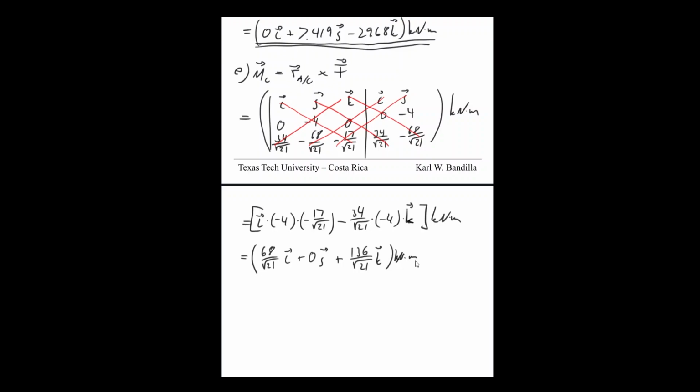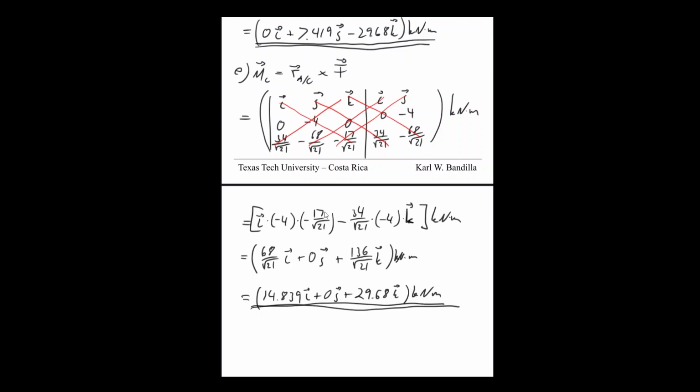Kilonewton times meters. Again, we can express that in decimals: 14.839 I plus 0J plus 29.68 K kilonewton meters.